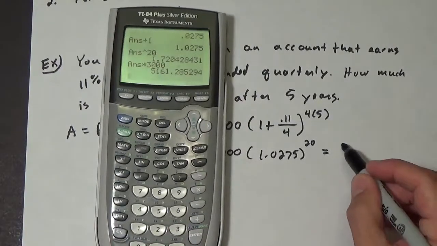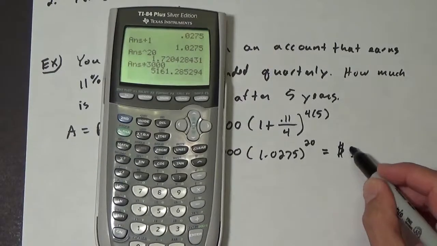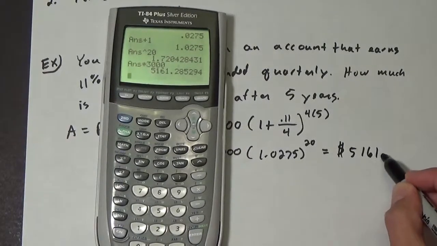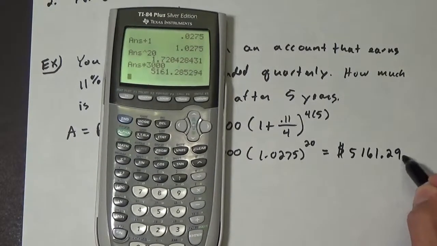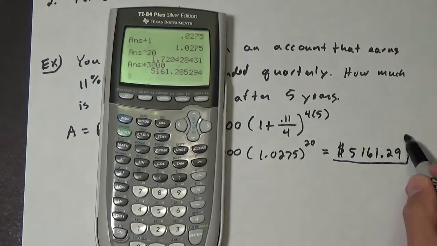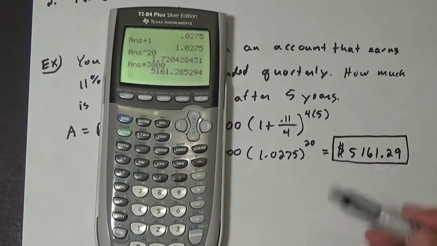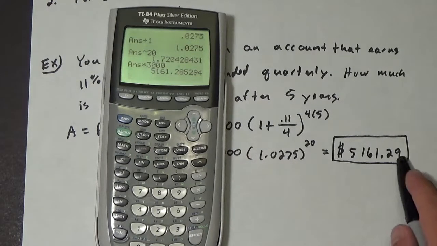And we end up with $5,161.29. When we're working with money, of course, we use a little bit of logic. You don't go to 4 decimal places because we don't have any form of currency that goes to 4 decimal places. So we just go to the normal cent and round off.